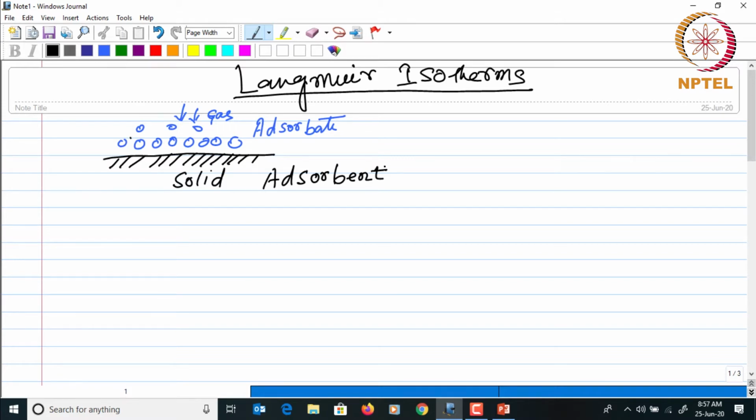Right? So the Langmuir isotherms describe the interaction between the adsorbate and the adsorbent.